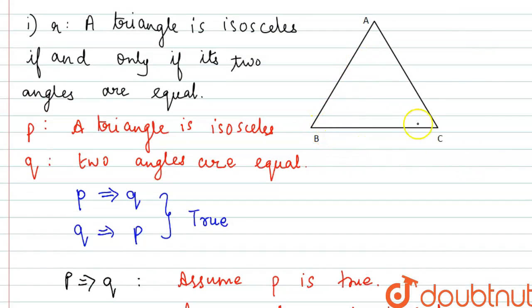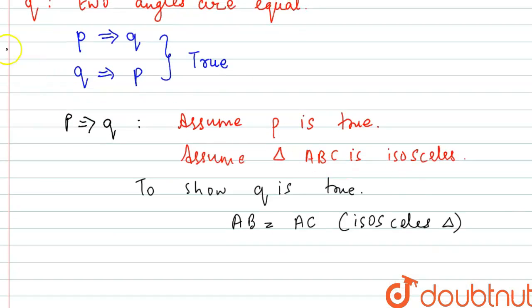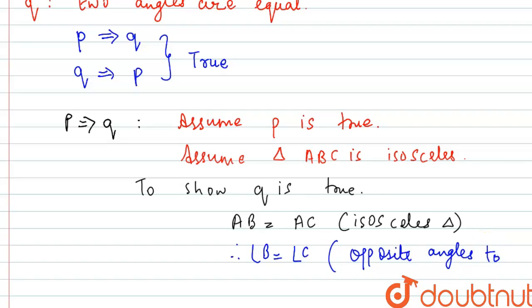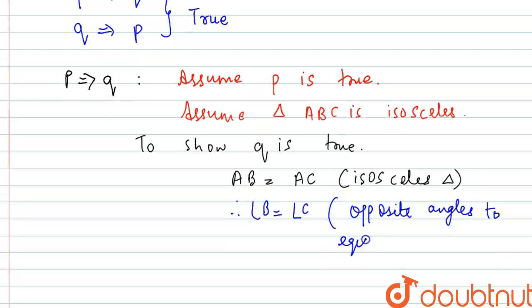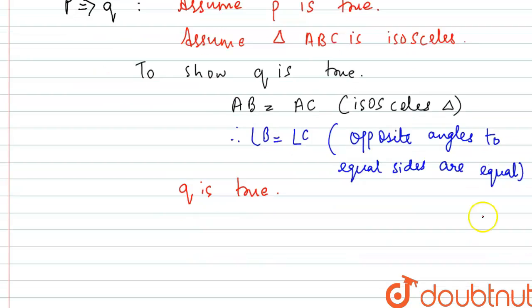So we can say angle B becomes equal to angle C. So from this we can write, therefore, angle B is equal to angle C. The reason is opposite angles to equal sides are equal. Thus, from this we can see that Q is true. So we have proved that P implies Q is true.